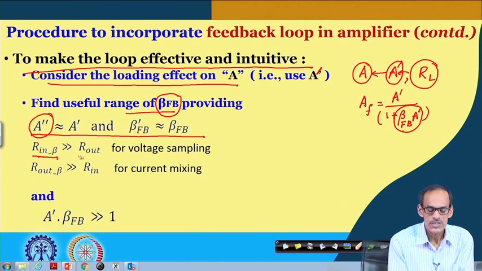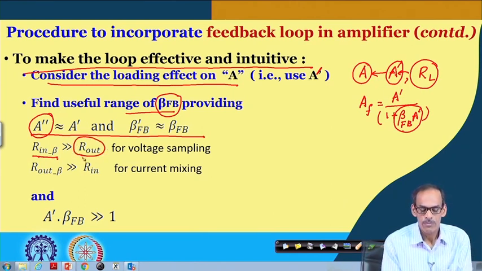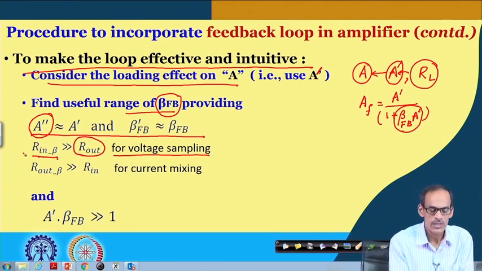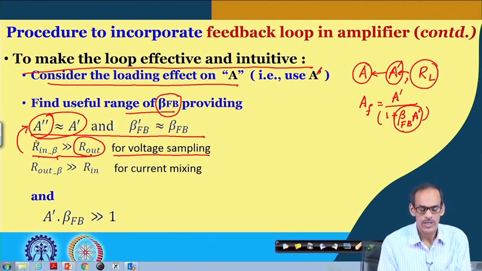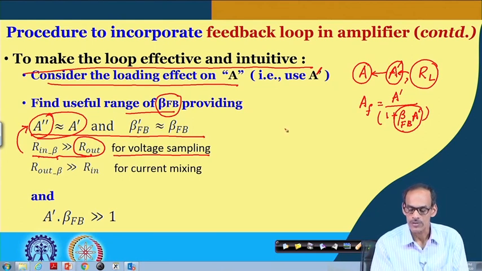If it is much higher than the R out of the amplifier, particularly for voltage sampling, then we can say that this A double dash is approximately equal to A dash. So, if I ensure that this condition is satisfied, then the loading effect of the feedback network on the forward amplifier can be ignored.